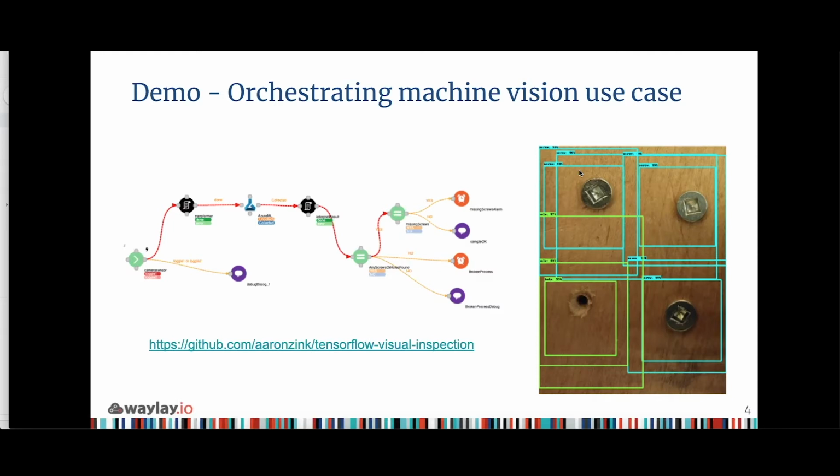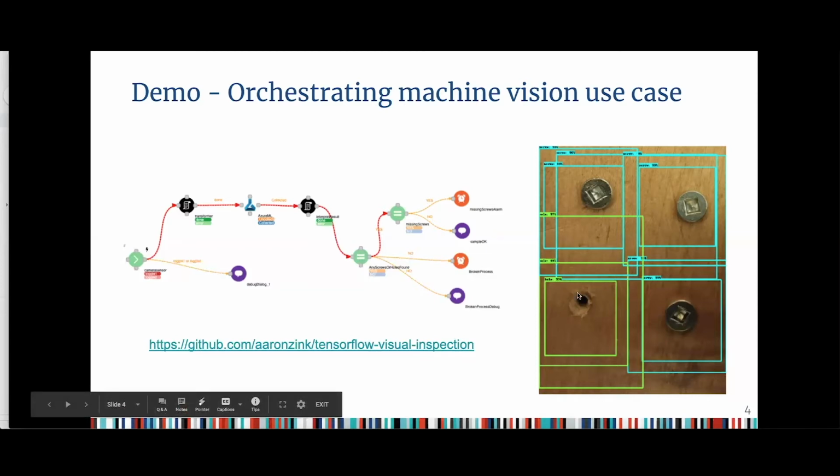I'm not sure if it's completely visible, but each bounding box has a certain probability as well, meaning that in this box here, for example, there is a 96% probability that there's a screw. And here we have a 95% probability that there's a hole.